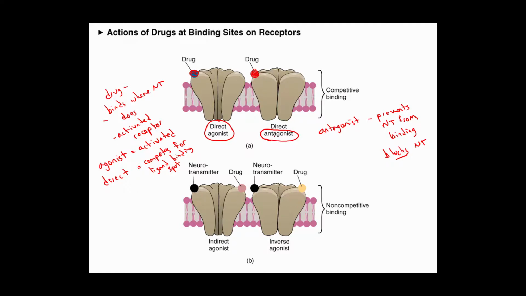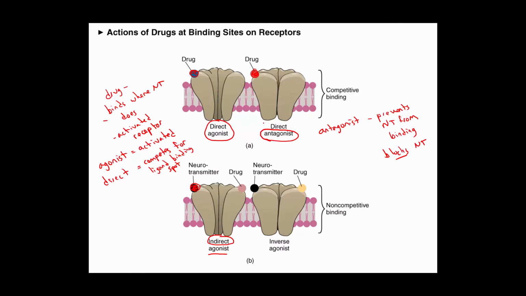Okay, that's going to make it an antagonist. An indirect agonist is going to bind to a different spot and activate it. Okay, so here's the spot where the neurotransmitter normally binds. Neurotransmitter binds, sure, and opens it up. There'll also be a place, though, on this receptor where my drug can bind. Since it's an agonist, you know it activates the receptor. What makes it indirect is it binds to a different spot.